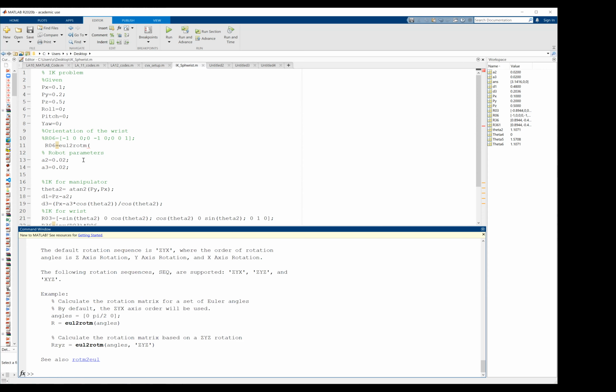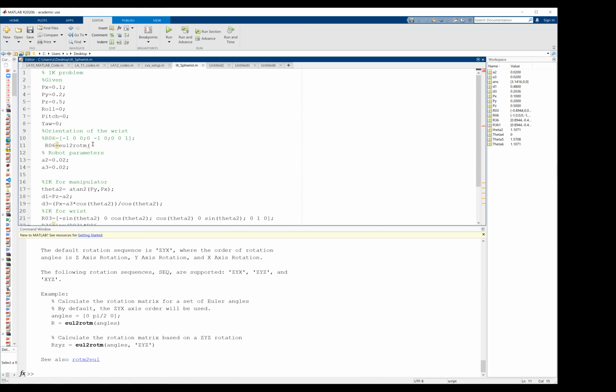In that case, you want to specify Z, which is yaw, then Y, which is pitch, and then roll.